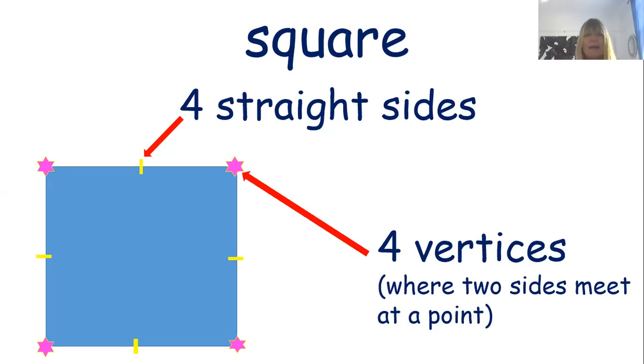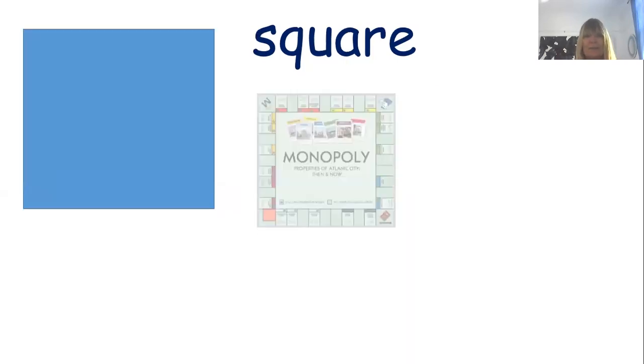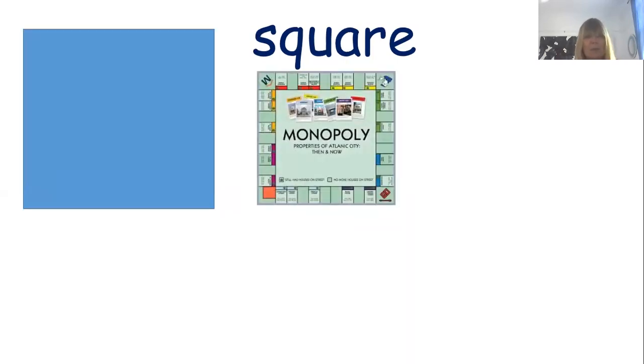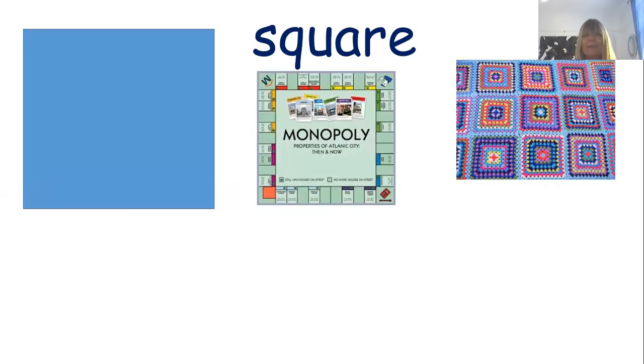Where do we see squares in our everyday lives? Let's have a look. Well, on a game board, there's a square in the middle of this Monopoly board. Sometimes on blankets, they're used as patterns on fabrics, curtain material, clothes. Sometimes people wear check shirts, and a check is a square.